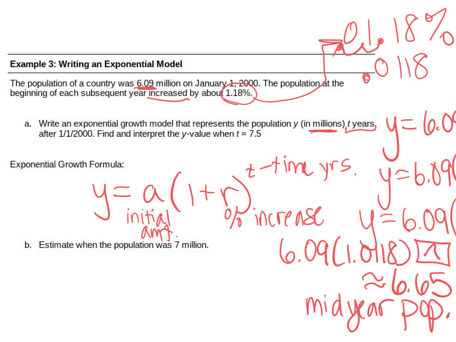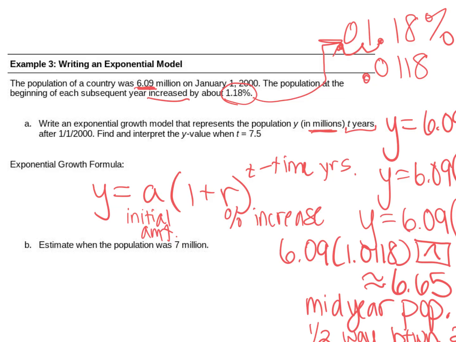So halfway between the year 2007 and 2008. Because 7 years since 2000 would be exactly 2007. 7.5 years would be halfway. Okay, so we're just making a model and plugging it on in.